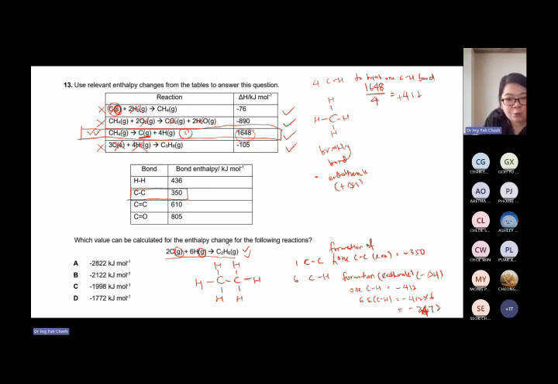So the total enthalpy change for this reaction will be negative 350 plus negative 2472. I rewrite here again, negative 2472. Our answer is negative 2822. So the answer is A.